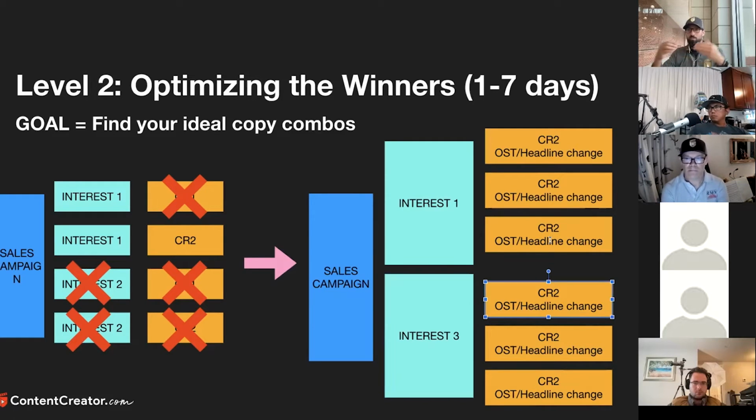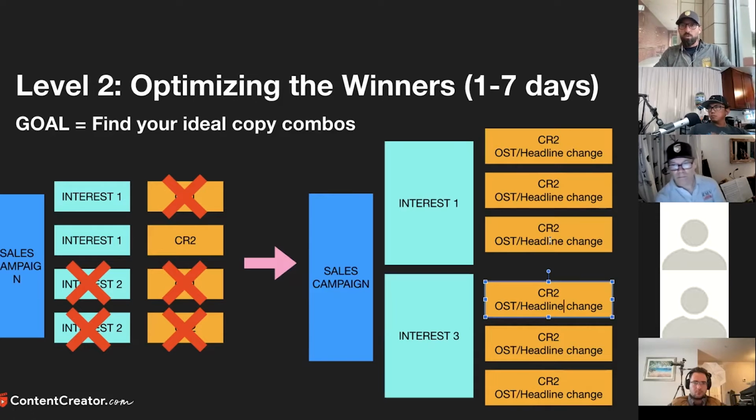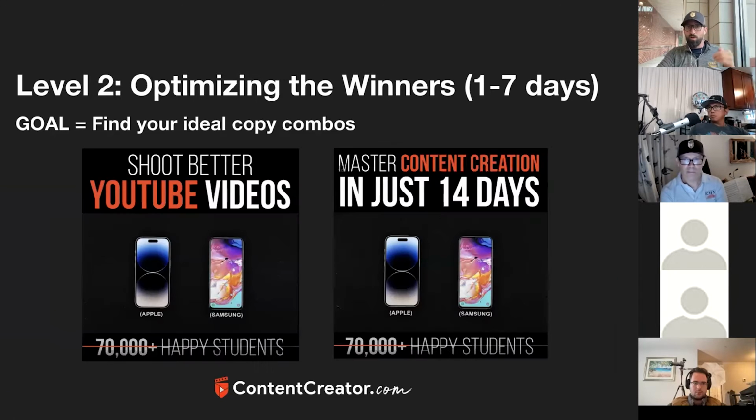But once again, as you get bigger, you're going to be adding more and more tests as you go. So that would let you test out a different interest with those different headlines as well, with an ad that you already know performs. Okay. And that's all we did here, we're finding the ideal copy combinations. Guys with it? Cool.